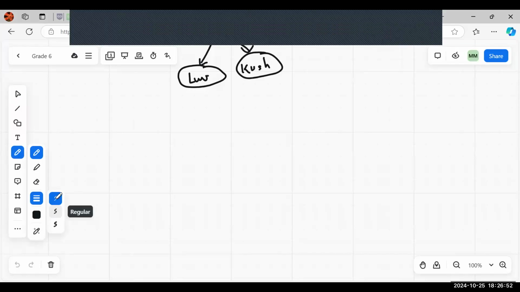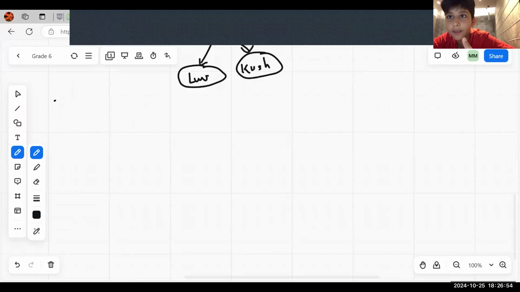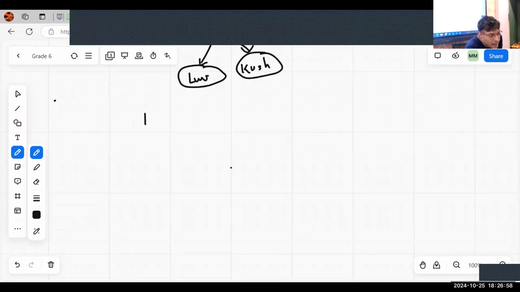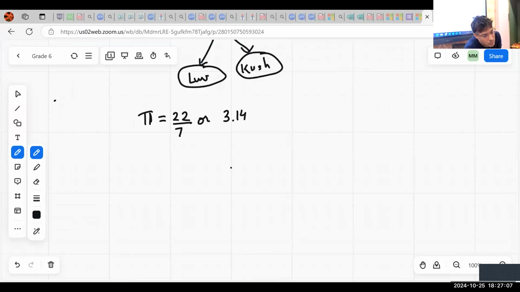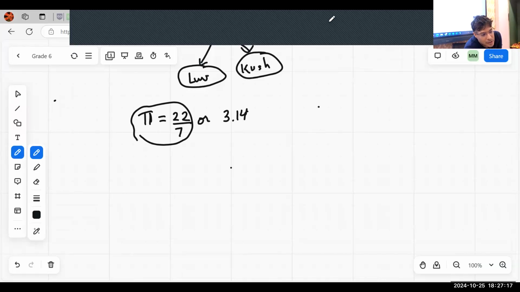So pi can be written as 22/7, or in short we use 3.14 also. Generally, if nothing is written, we use 22/7 only. But for those kids who are in ICSE, in grade 6, they have just introduced pi as 3.14.